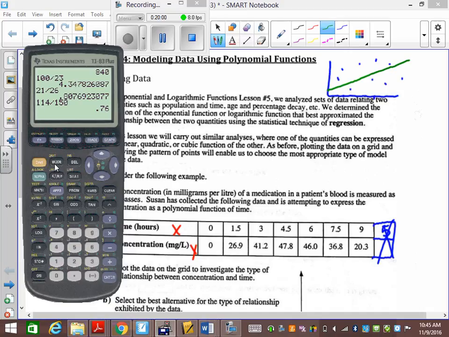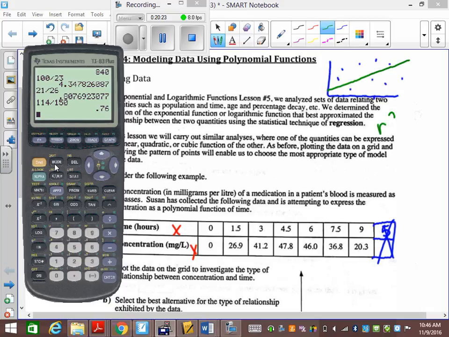Now, do you think this line fits this data really, really well? No, it kind of averages it nicely, but it fits really well when a lot of the points sit on the line. Or if it's a quadratic, if a lot of the points sit on the quadratic. So there's a thing called the R-squared, the correlation coefficient.